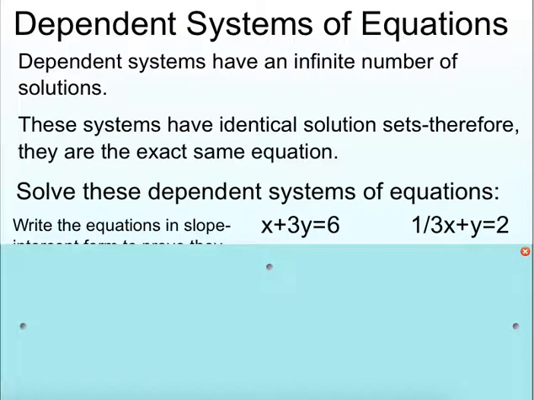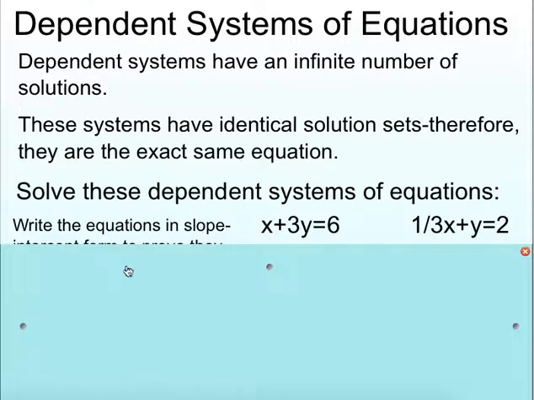Our next type is dependent systems of equations. Dependent systems have an infinite number of solutions, meaning if a point is on one line, it must be on the other. And we can do that an infinite amount of times, which means we just have the exact same equation.